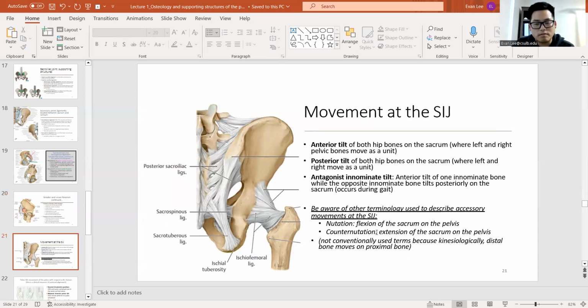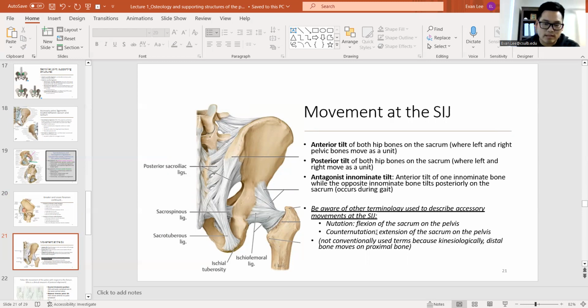All right, so looking at the sacroiliac joint, it is going to have a couple of different kinds of movements similar to the scapula. And this is going to be, like the scapula, different types of tilt. So you have anterior tilt and posterior tilt, which is where it either tilts kind of like forward together, back together.